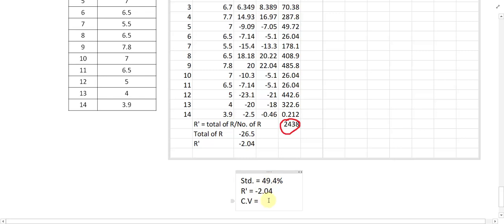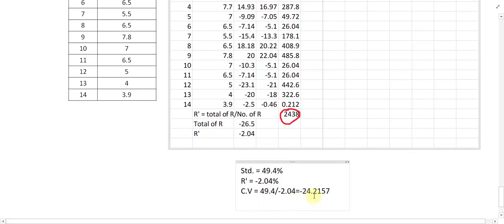The standard deviation is also a percentage, but we don't want to take the percentage. 49.4 divided by minus 2.04. Press the equal sign, you get some value.